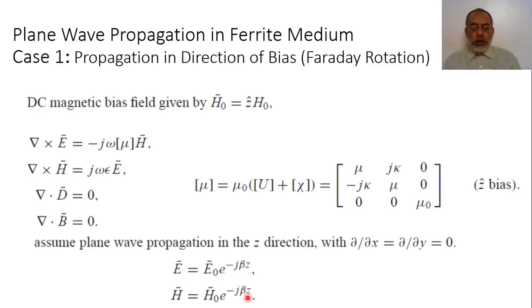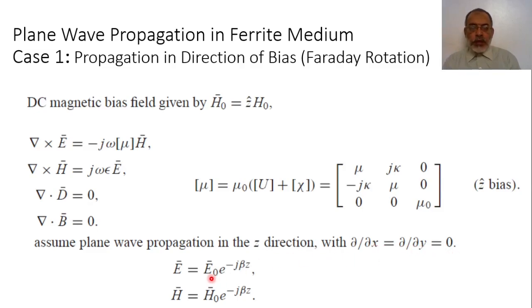And according to the properties of plane wave, the plane wave is constant in the transverse plane. The transverse plane in the present case is the xy plane. So at all the xy plane, the electric field and magnetic field are constant values, which means that the derivative with respect to x and the derivative with respect to y equal 0.